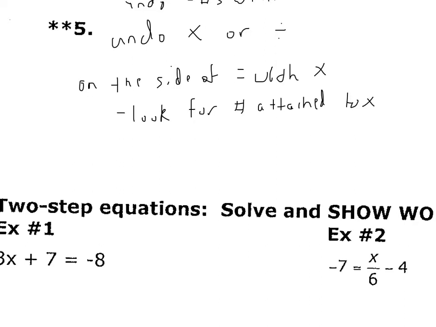When you have a number multiplied by x, you'll undo multiplication with division. And if you have a variable divided by some number, you'll undo division with multiplication. These are the same rules we talked about in the first section of this unit, and now we're just adding another step. Let's try a few together.